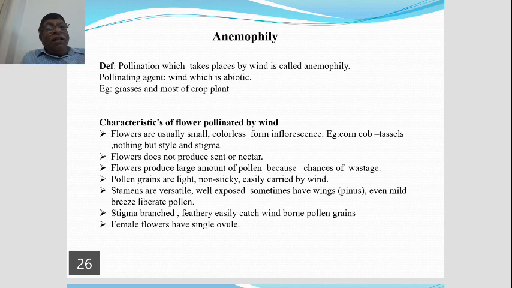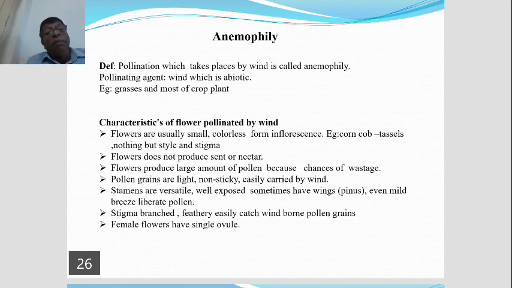Okay. Then you see the diagram showing the grass flower. The pollen grains are light. Light here means not brightness but lightweight, non-sticky, and easily carried by the wind. Okay. Stamens, examine carefully. They are versatile stamens.